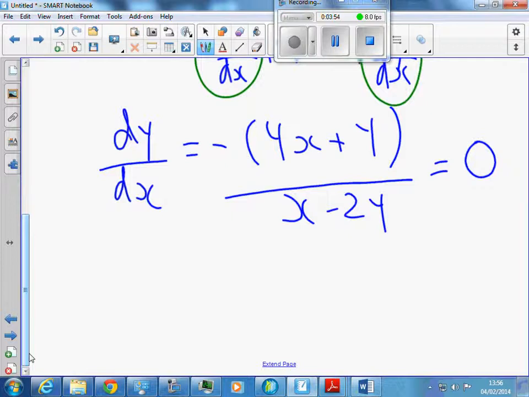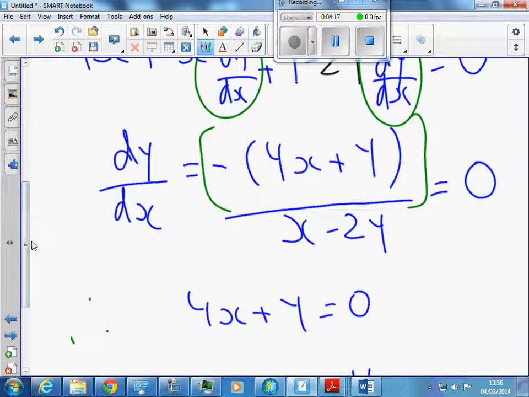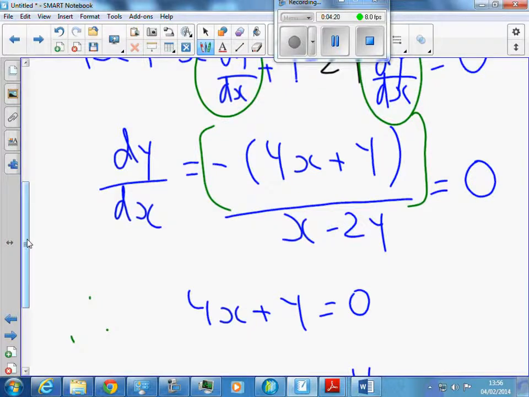So we know that if you've got a fraction equal to 0, then the top part of the fraction has to equal 0. Therefore, our points must satisfy the equation 4x plus y equals 0. y is equal to minus 4x. Okay? Simply saying that the top part of the fraction has to equal 0.